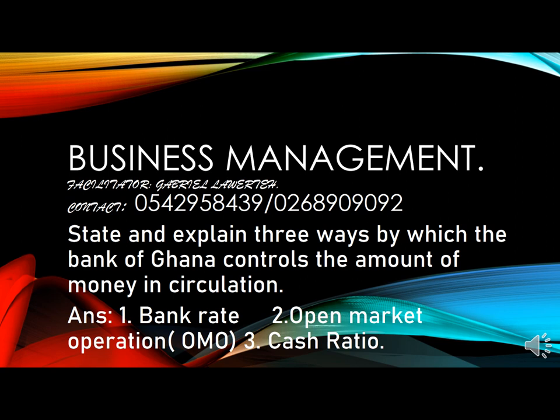If the Bank of Ghana wants to reduce money supply, they tend to raise the bank rate in order to discourage commercial banks from borrowing. And the other way round, if they want to increase the amount of money in circulation, then they reduce the bank rate in order to encourage the commercial banks to borrow more.